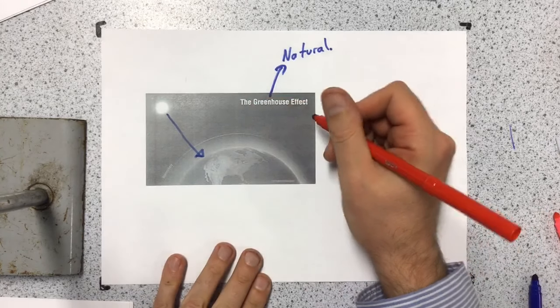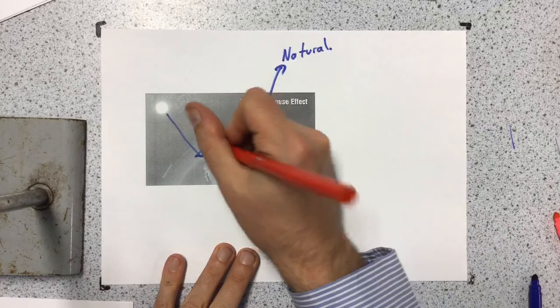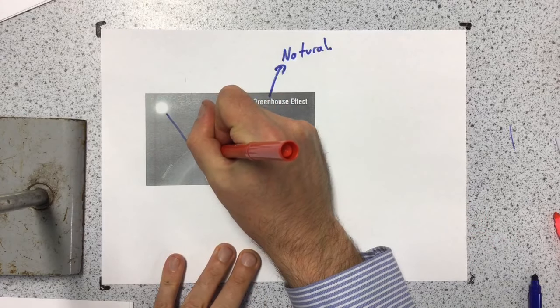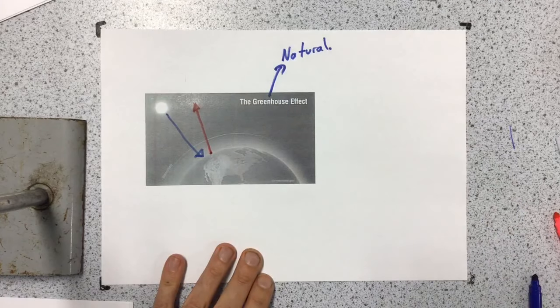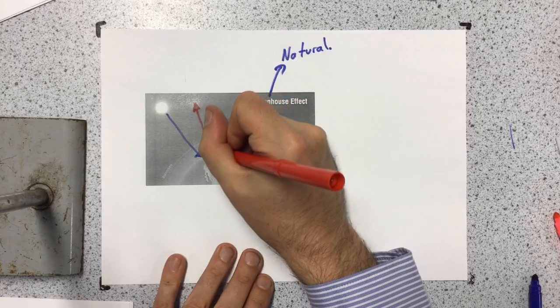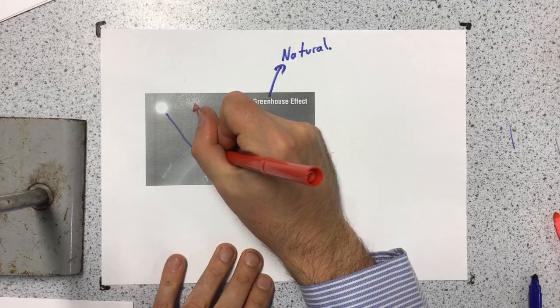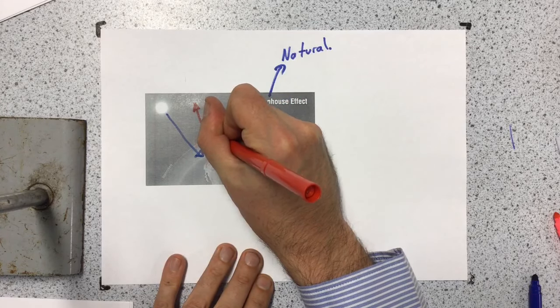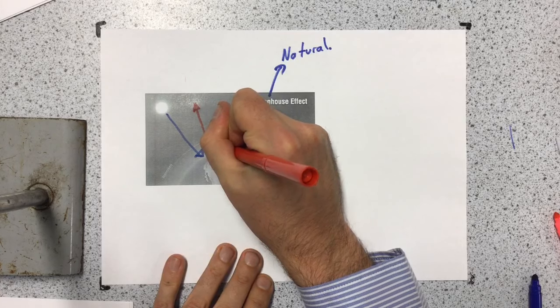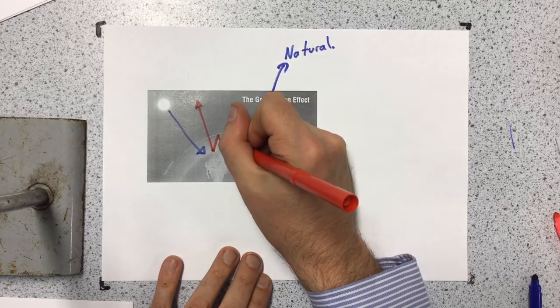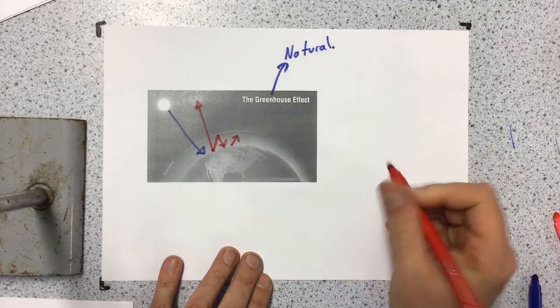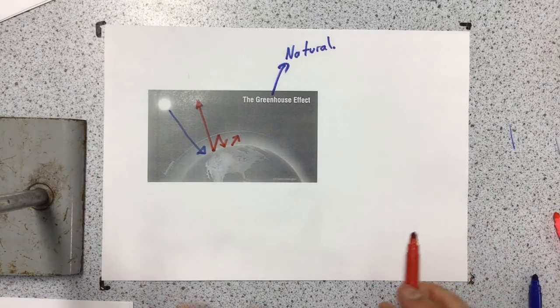The warm surface of the earth emits infrared radiation, which on somewhere like Mercury would just go all the way back into space. But what happens on Earth, because of the carbon dioxide in the atmosphere, is that it gets absorbed and doesn't even leave the atmosphere, or it even gets reflected back.